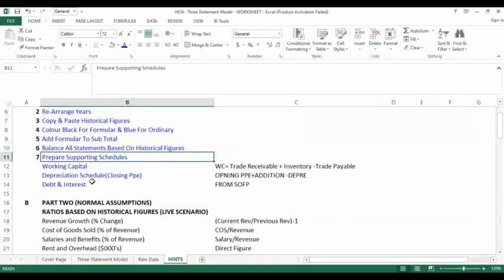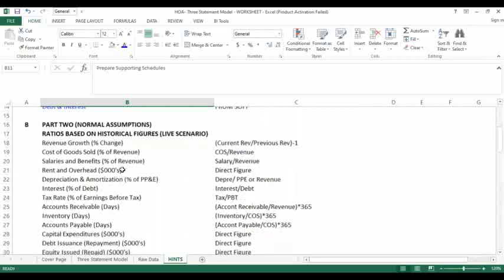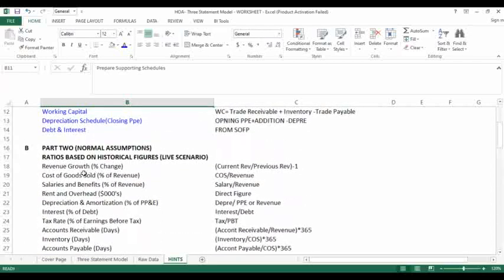After we have done all this, let's now go back to part B. Part B now says normal assumptions. That is the assumption given to us, based on what we have done now, and we want to calculate all these assumptions. They say ratio based on historical figures, live scenario or live case scenario. So we are coming back here now.